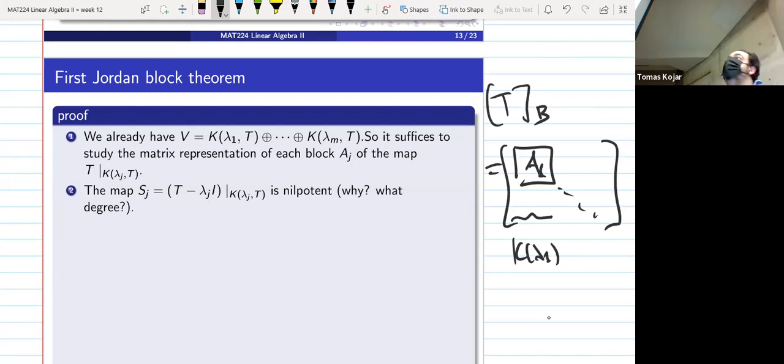Okay, question number 1. This map S_j is nilpotent. Can you tell me of what degree? Might be a little bit tricky for you.